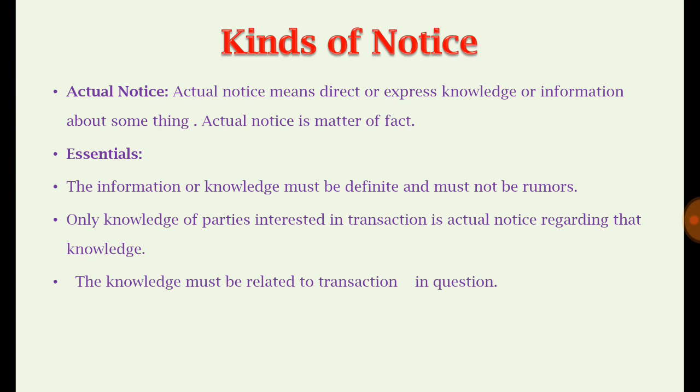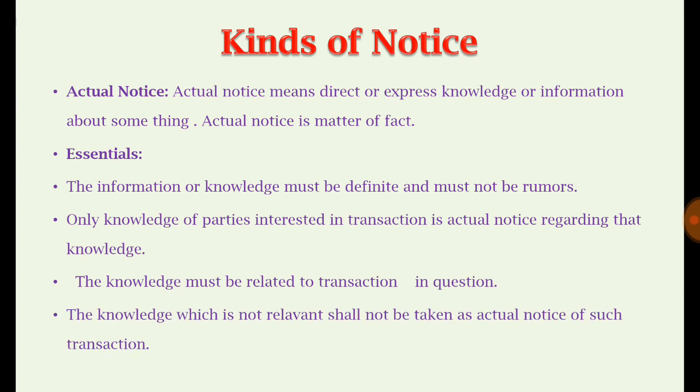In such a dispute, the knowledge of each party, and the knowledge of attesting parties, can be called actual notice. So knowledge which is not relevant cannot be taken as the actual notice of such a transaction. So this is the first kind of notice.